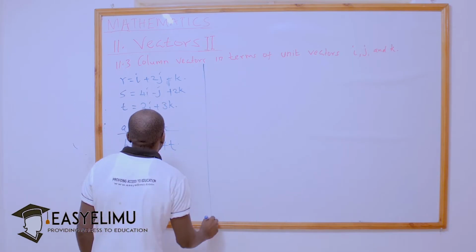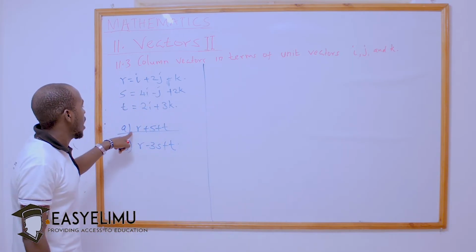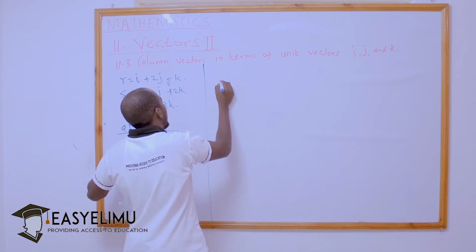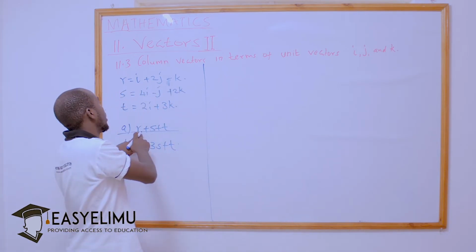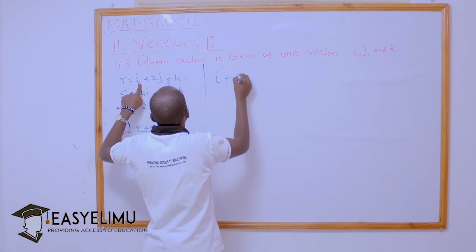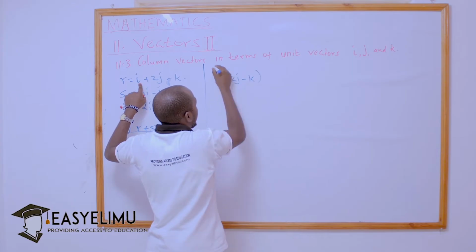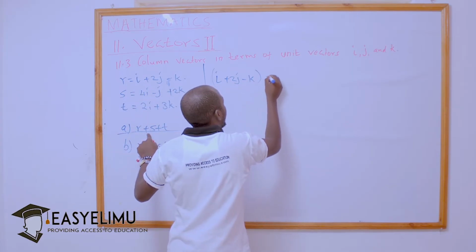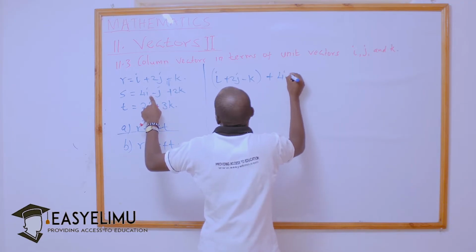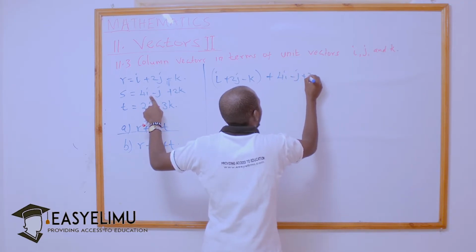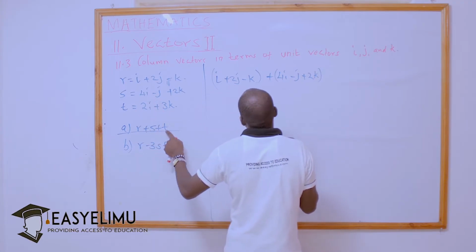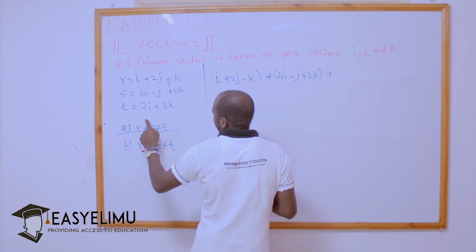So here I'm going to tackle the first one, A, and there I will write the multiples of I. So R here I have I plus 2J minus K. Now I'm going to add that to S, and S I have as 4I minus J plus 2K. After adding that, I'm going to add another one which I have as T.